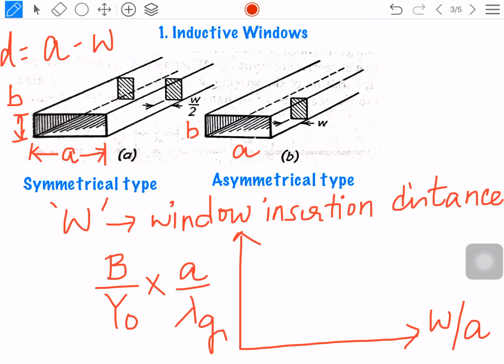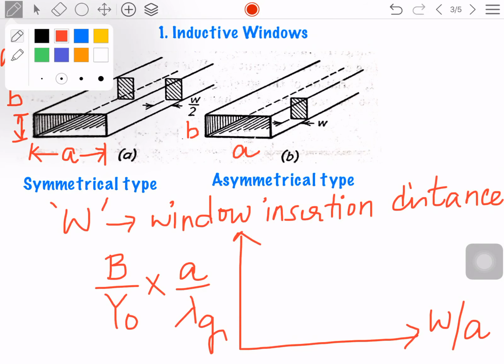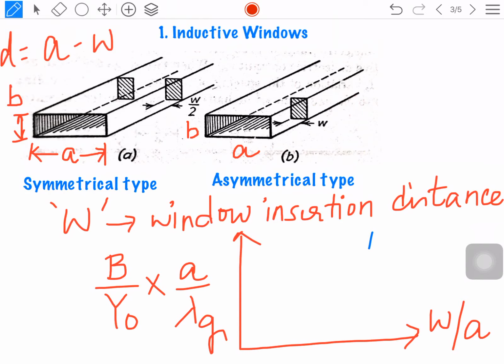If I plot the graph, it would be a parabolic increase. As the value of W increases, the value of normalized susceptance also increases parabolically in this way.